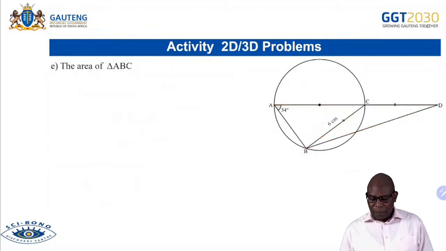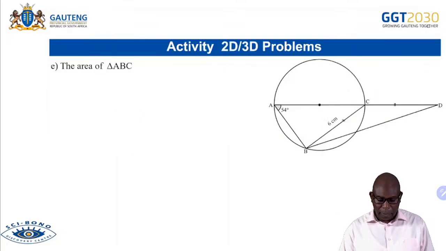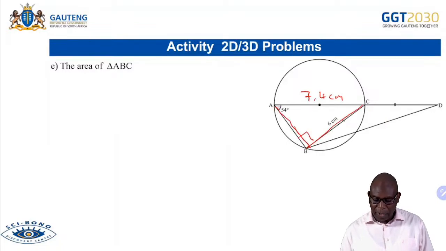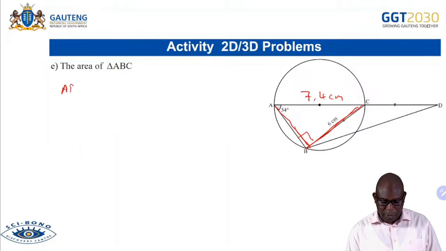Now the area of this triangle. I already know that this one is 7.4 centimeters, this one is 6, this is 90. If I get this, that will be the height, and that one will be the base. For me to get the height, I can get AB squared, which equals the hypotenuse, 7.4 squared minus 6 squared.